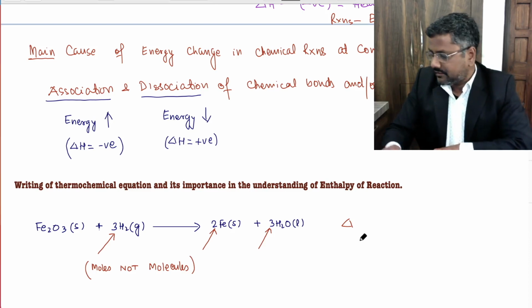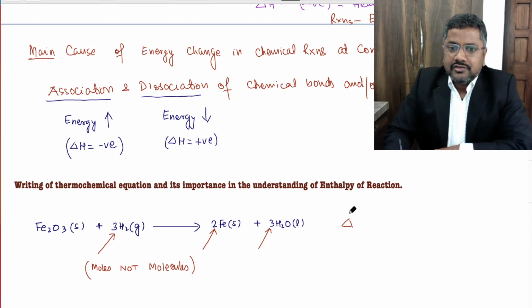So as per the IUPAC nomenclature, you have to put the process as a subscript after delta, then H. So delta r H, where r is short for reaction, right?